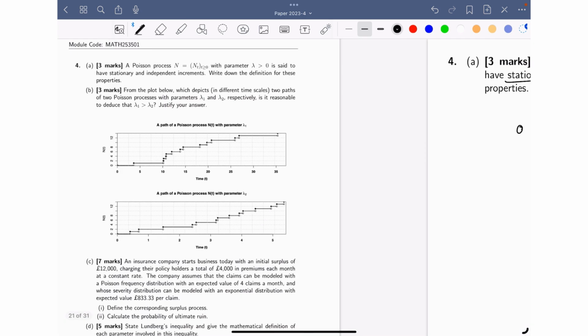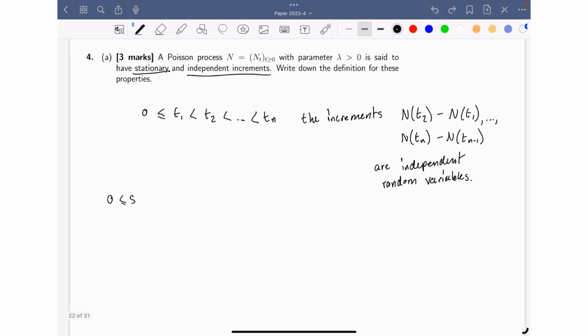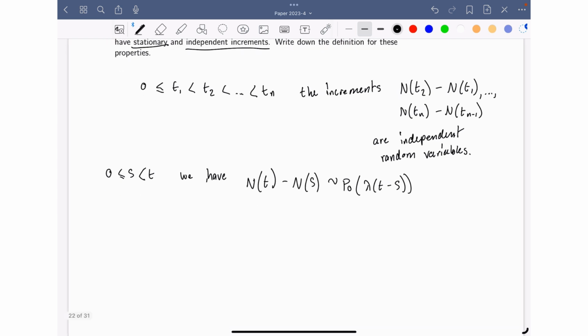And for some point in the Poisson process, such as s, we have that N(t) minus N(s) has a Poisson distribution of lambda (t minus s), or there's other ways to write it.